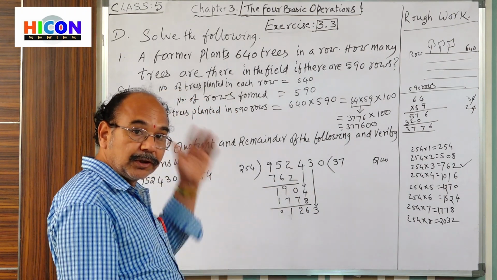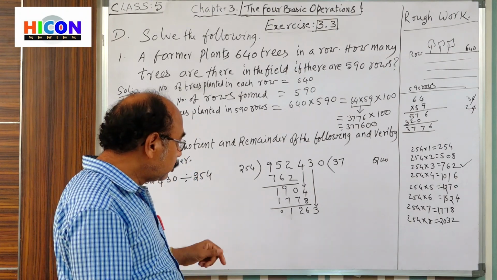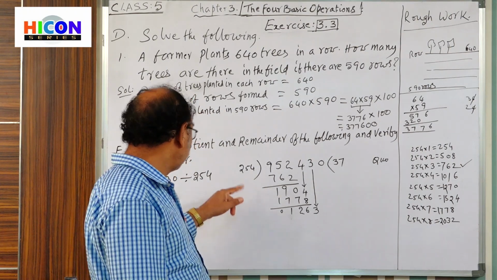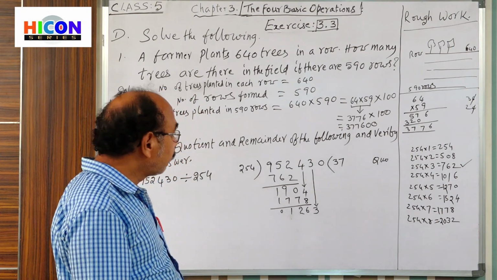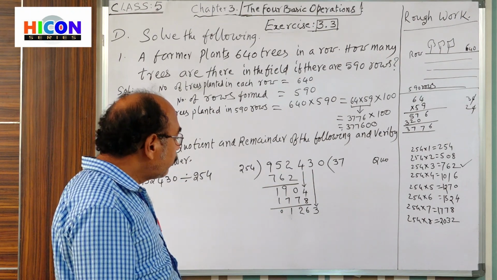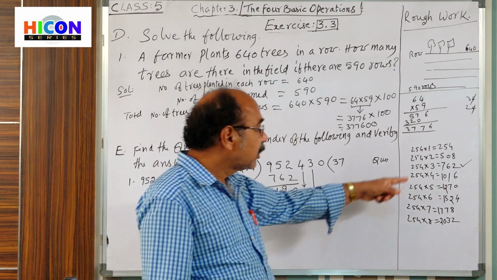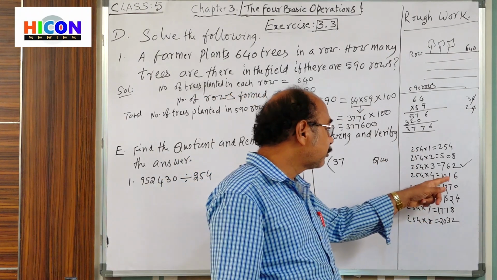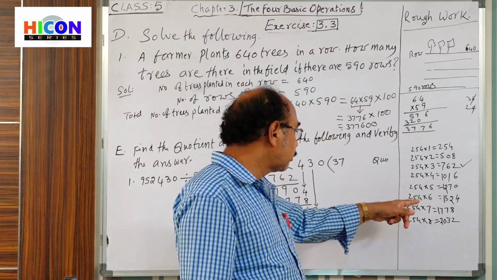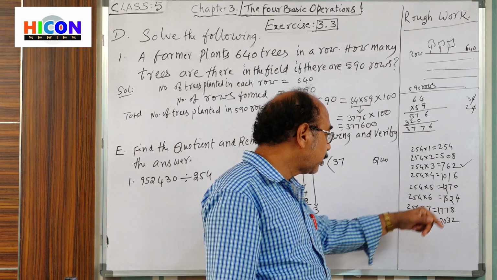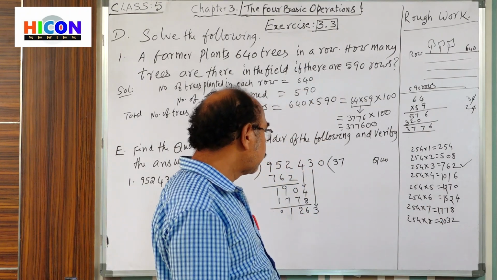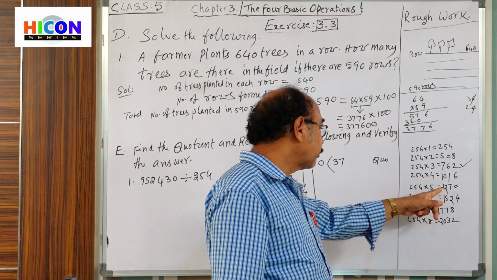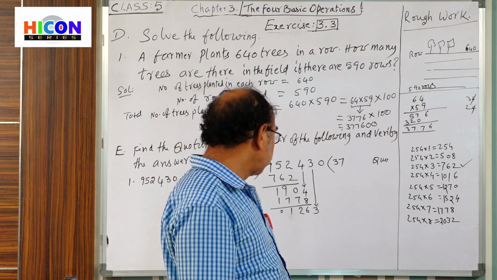Now we got 1263. In 1263, nearly how many times can 254 divide? 4 times means 1016. 5 times means 1270.